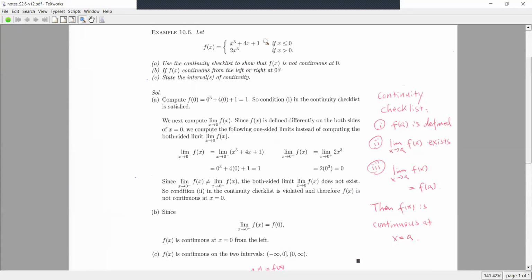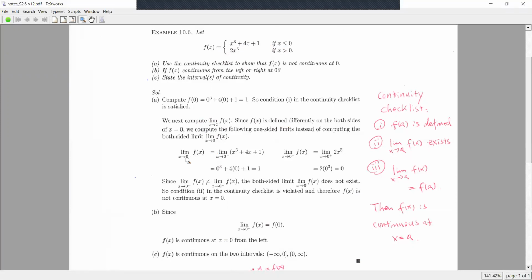Because the function is defined on the left by this polynomial and on the right by this polynomial, on both sides of the point 0 the function is defined differently. Instead of computing the both-sided limit at 0, I compute the left-hand limit and right-hand limit at 0.